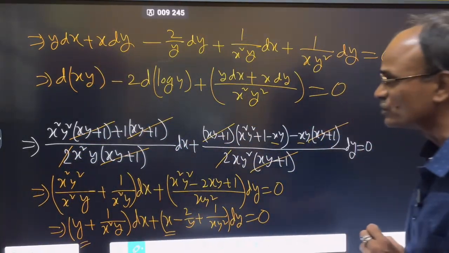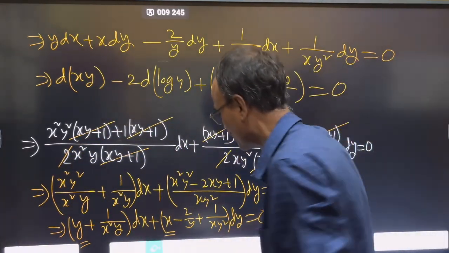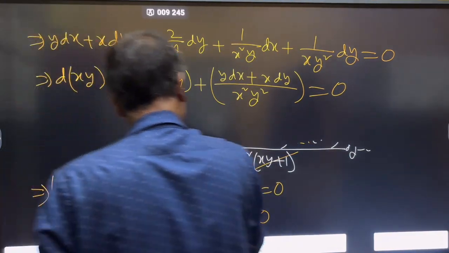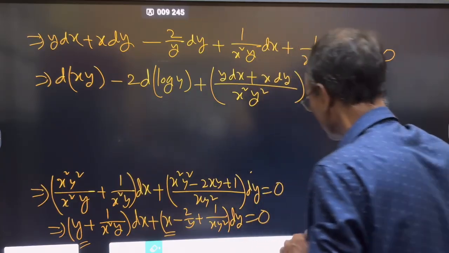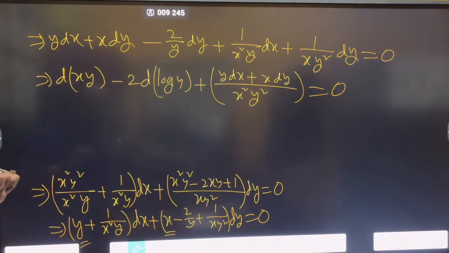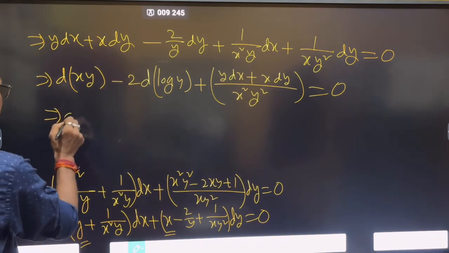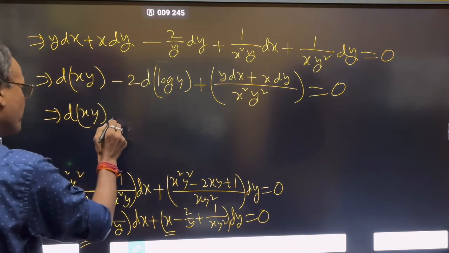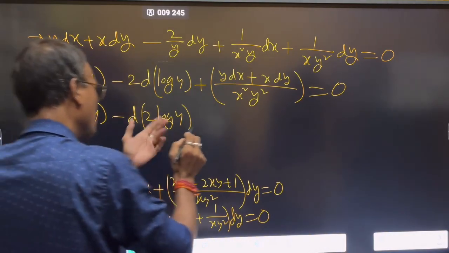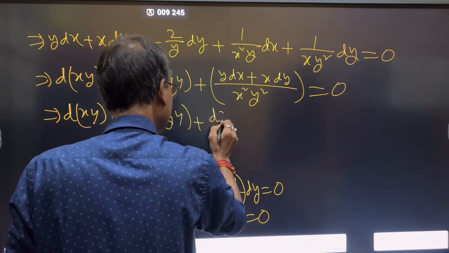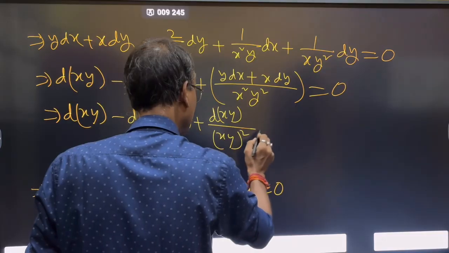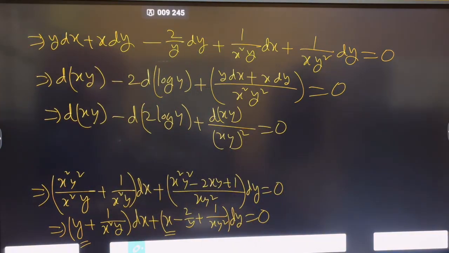This is equal to 0. Now this means d of xy minus d of twice log y, or log y square, plus dxy divided by x square y square, that is xy whole square, equal to 0.